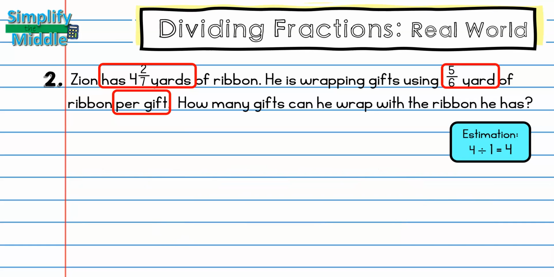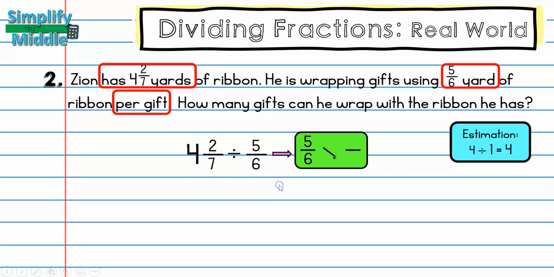So let's solve this using the algorithm. I have 4 2/7 divided by 5/6. I'll need to convert this into an improper fraction, and I'll need to find the reciprocal of 5/6. So the reciprocal of 5/6 is going to be 6/5. And 7 times 4 is 28 plus 2 is 30. So I have 30/7 times that reciprocal 6/5.